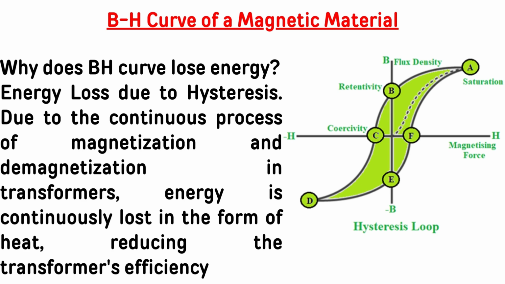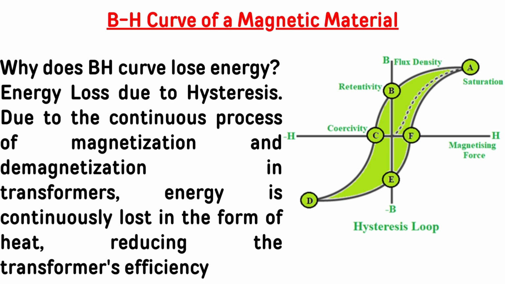From point O to A, as the magnetizing force increases, flux density increases. If you reduce the magnetizing force, it reaches a point B, which is called retentivity. Even when the magnetizing force is zero, there must be some flux density, which is called retentivity.